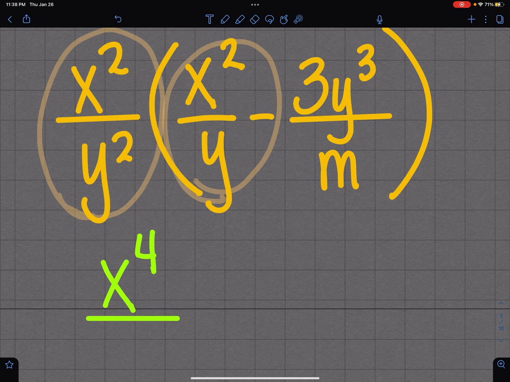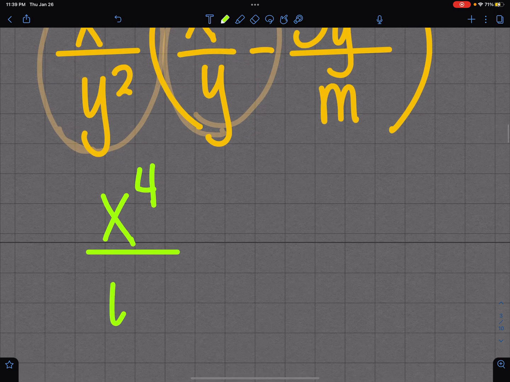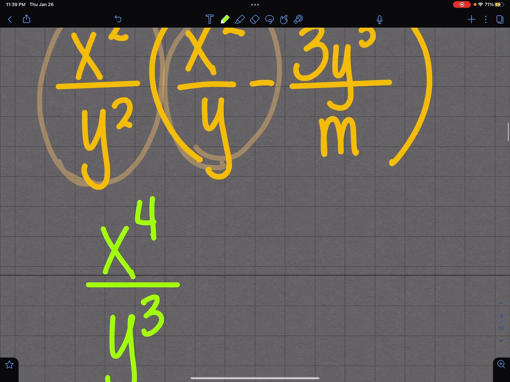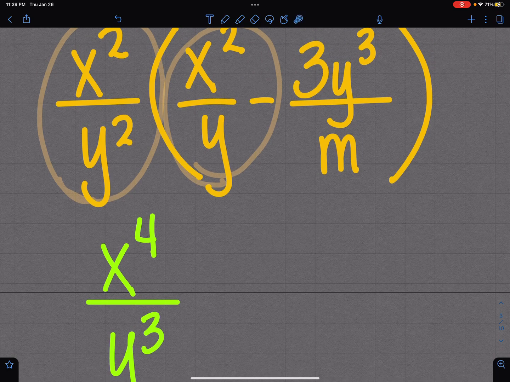Okay, now let's do the denominators. Y squared times y. Well, there's 2 y's here and there's 1 y here. So how many y's are there total? There are 3 y's. So I'm going to put y to the 3rd. Okay, now I'm looking at this negative sign here. So I'm going to put a negative or a minus sign right there.